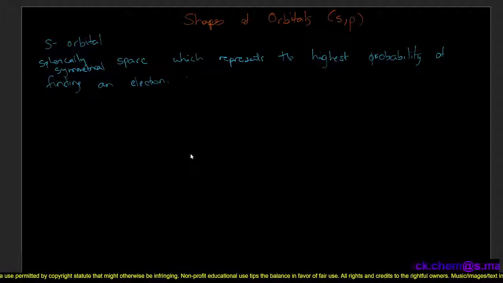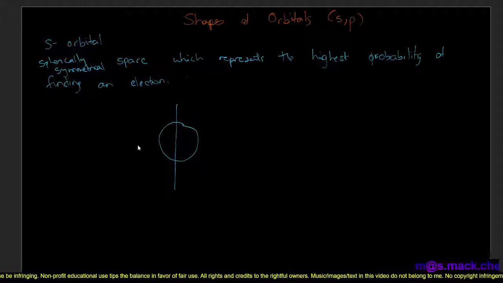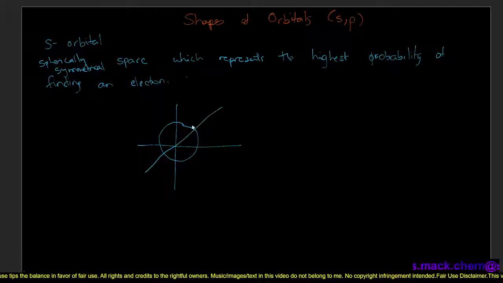I'm going to draw what the shape of the orbital will look like, and this is what you're expected to draw in the exam. So it's spherically symmetrical, so that's a circle, and I want to draw the 3 dimensions because we're saying it's symmetrical about the nucleus. So you're going to think of it as being spherical about the nucleus, where the nucleus is where the 3 axes cross.